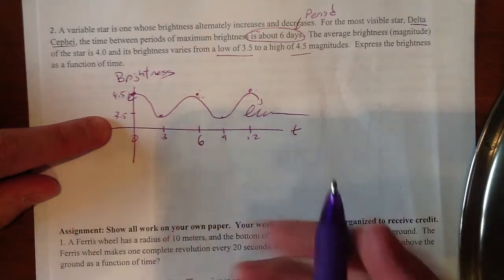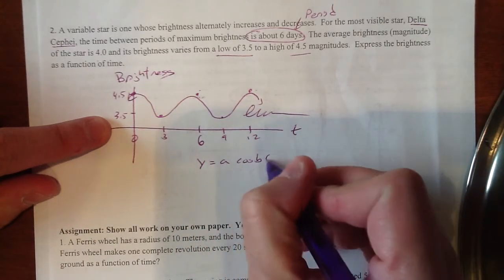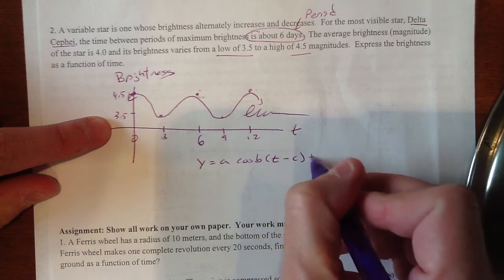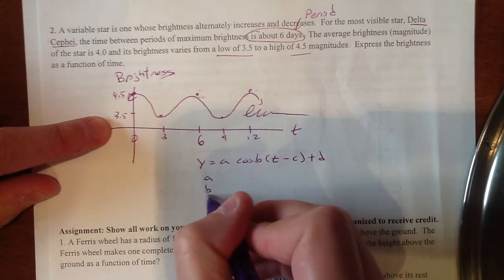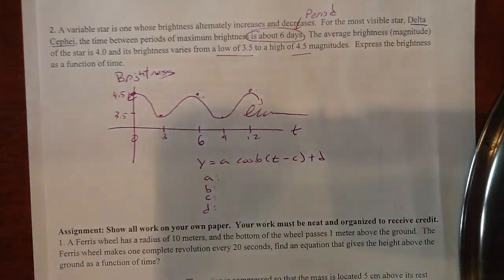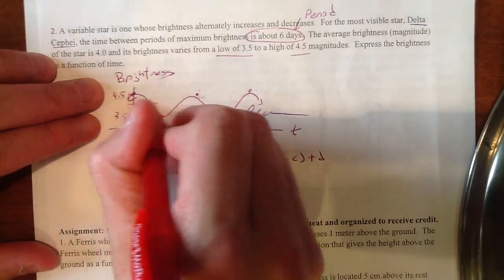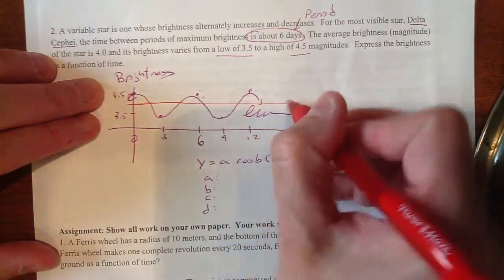So to write the equation, we're going to use cosine, y equals a, cosine b, t minus c, plus d. So go a, b, c, d, there we go. Draw in your midline. Remember, that's the line in between your high and your low, and that's going to occur at 4, right?